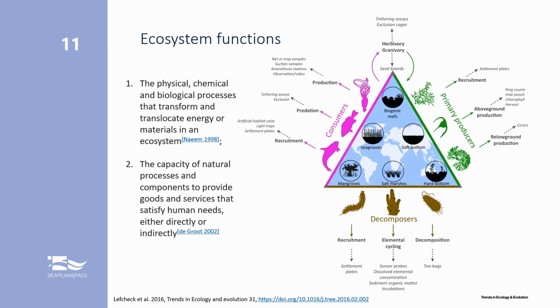There are also various ecosystem functions, and ecosystem functions are also connected to functional diversity. Here we have two main definitions: physical, chemical, and biological processes transforming and translocating energy or materials in a particular ecosystem, and the capacity of natural processes and components to provide goods and services that satisfy human needs.